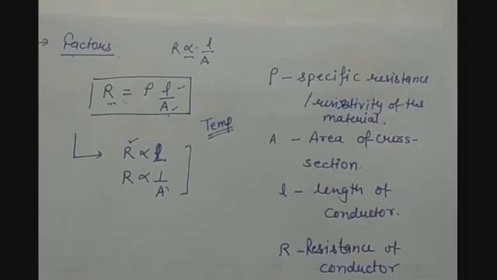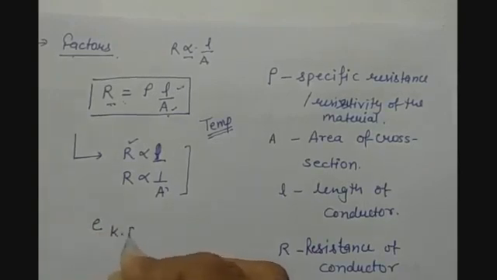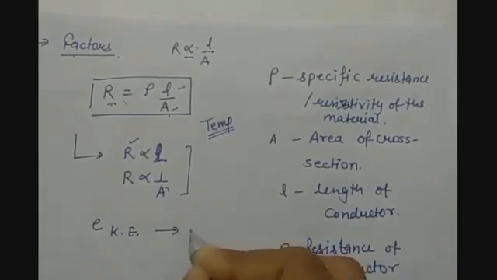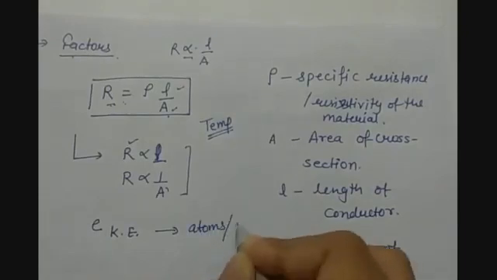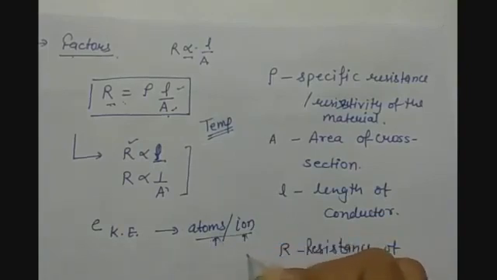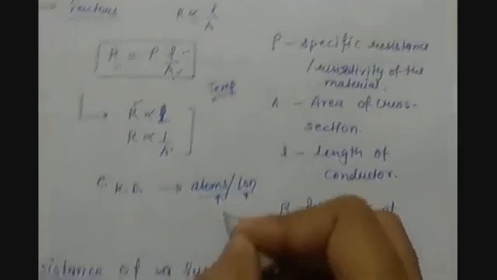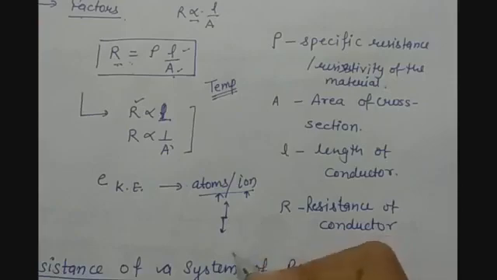When they strike the atoms or ions present in the conductor, they transfer their kinetic energy to the atoms and ions, which increases the vibrational energy of atoms and ions, and they start oscillating about their mean position with a larger amplitude.